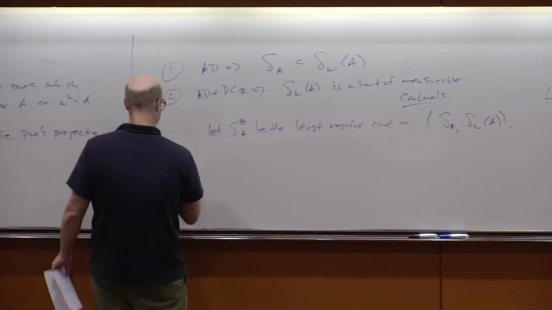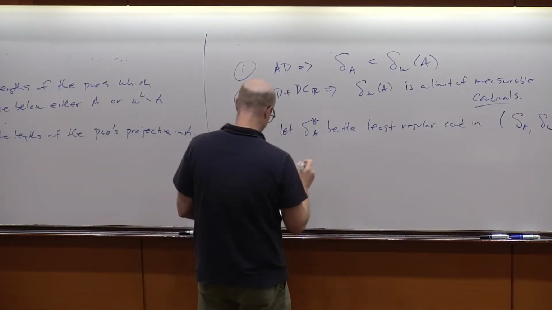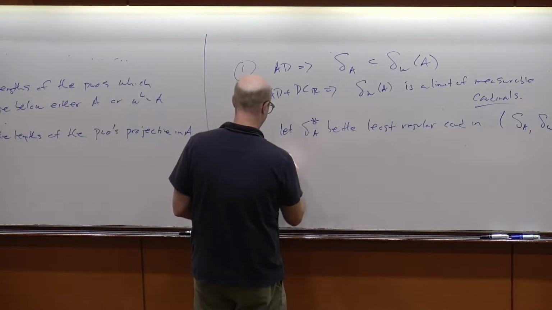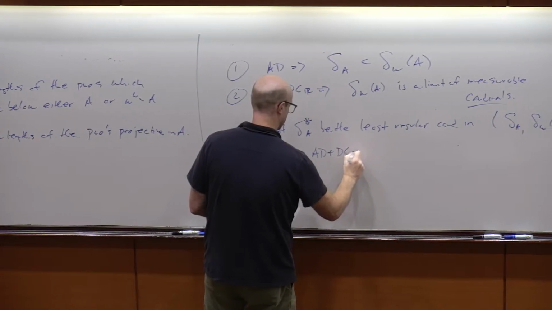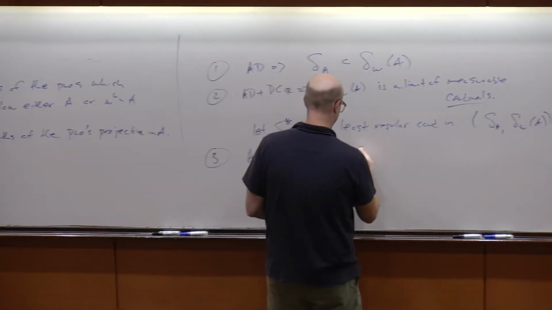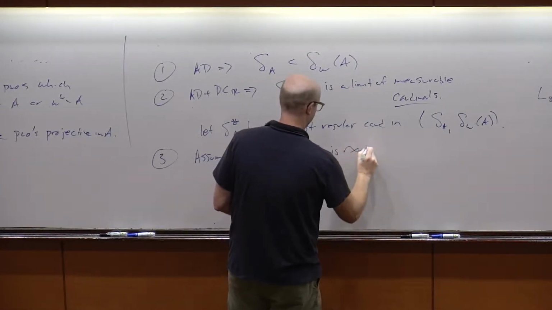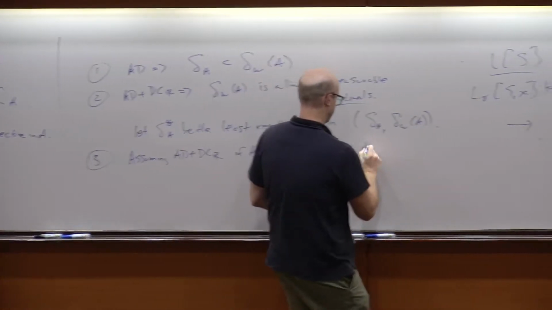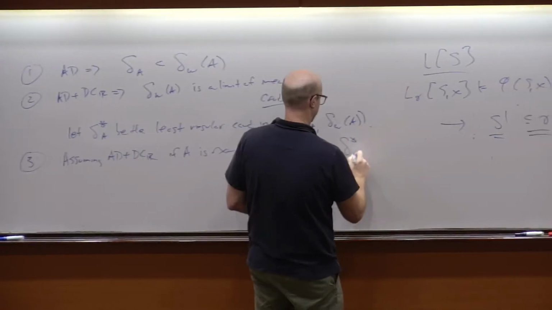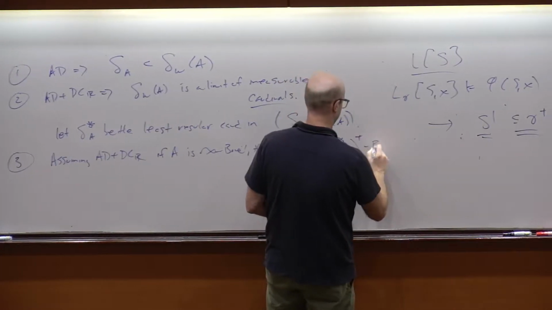So 3 is the real theorem, which just says, assuming AD plus DC_R, if A is infinity Borel, then it is delta star A plus Borel.